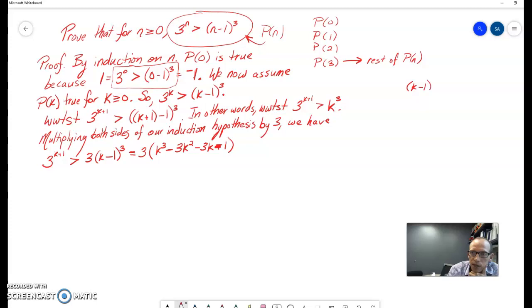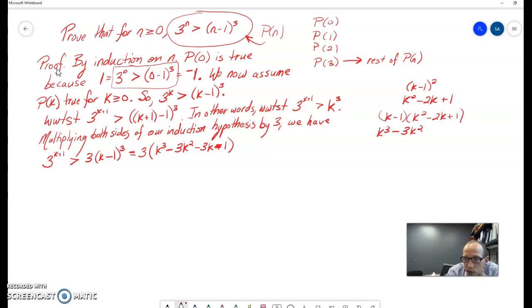So k minus 1 squared would be that, and then we'd have k minus 1 times k squared minus 2k plus 1. So we'd have k cubed, then we'd have minus k squared and minus 2k squared. That would give us minus 3k squared. I'm just using the distributive property here.